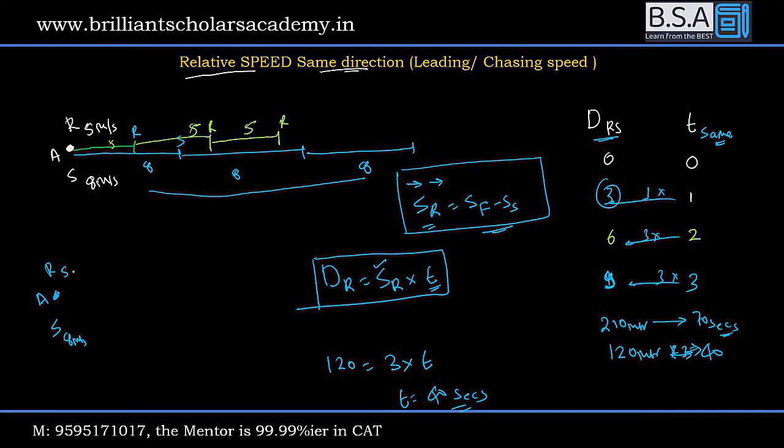Ramesh has a speed of 5 meters per second. What is the gap between the speeds? 3. So you imagine the speed of the slower one is 0 and the gap is 3. You assign the gap to the faster one. Now you can simply imagine relatively this person is stationary, this person is moving forward by 3. This is called leading speed.